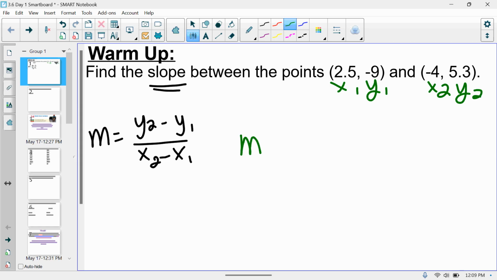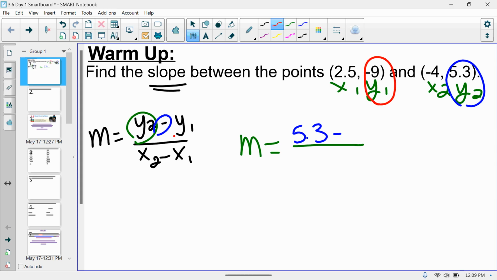So then you're just going to fill things into this formula. We have Y2, that's 5.3, minus, the formula says, Y1, which is -9. So you're going to have a minus and a negative sign in there.